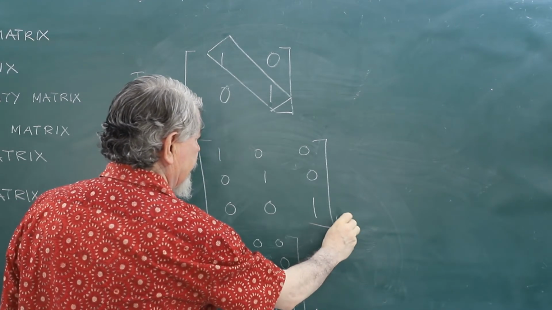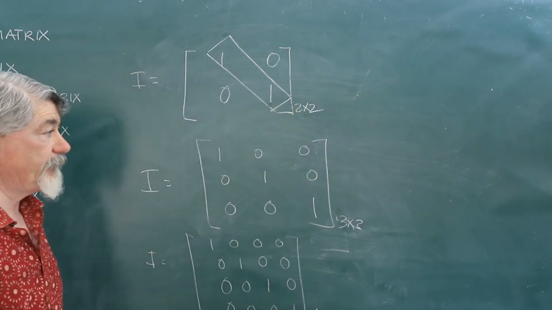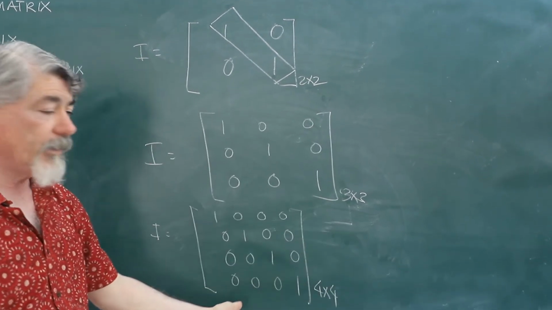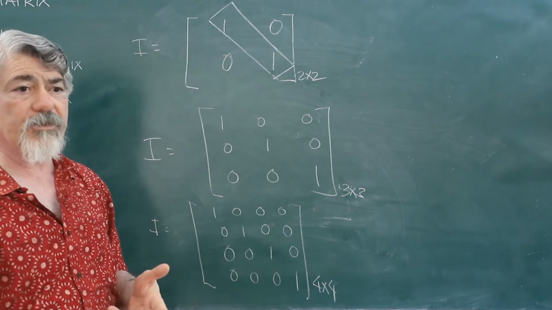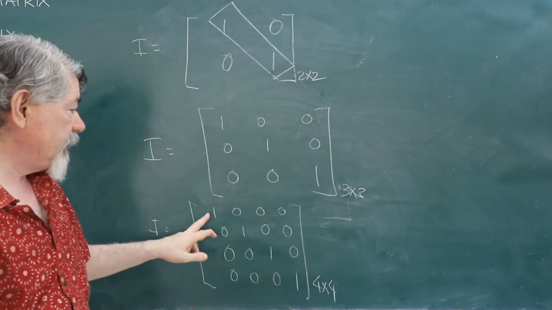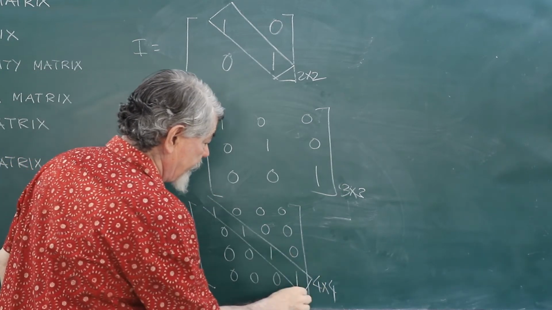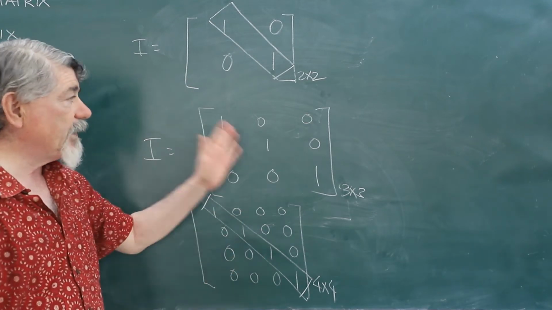It is 3 into 3, it is 2 into 2. These are the orders of the matrix, and when the number of rows is equal to the number of columns, it is called a square matrix. The lead diagonal starts from top left to the bottom right, and it is unit. The rest of the elements are zero.